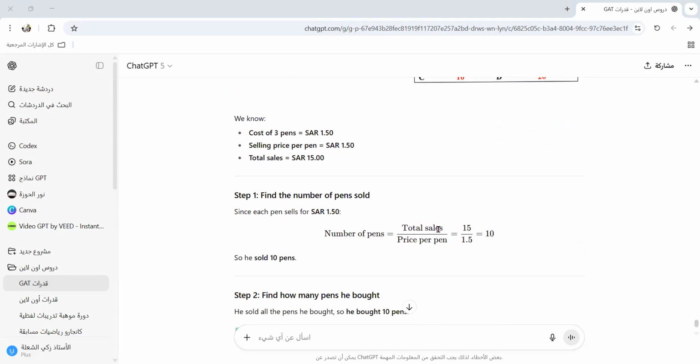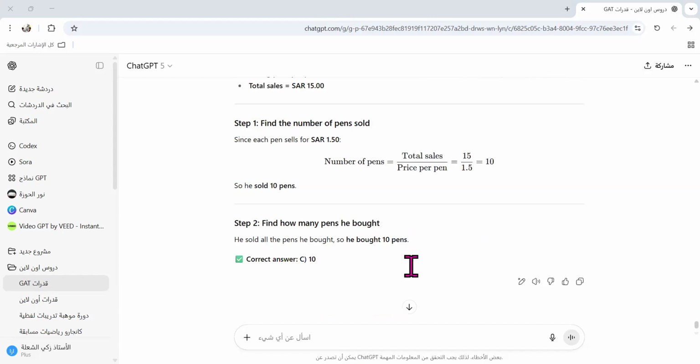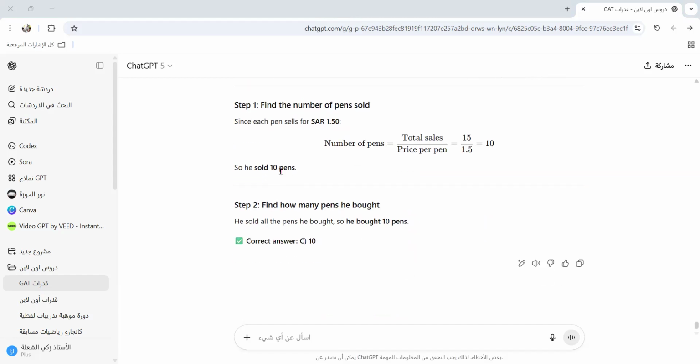Total sales 15, offer price per pen 1.5, is 10. Right. So he sold 10 pens. Step 2, find how many pens he bought. He sold all the pens he bought, so he bought 10 pens. Right, correct. Clear?